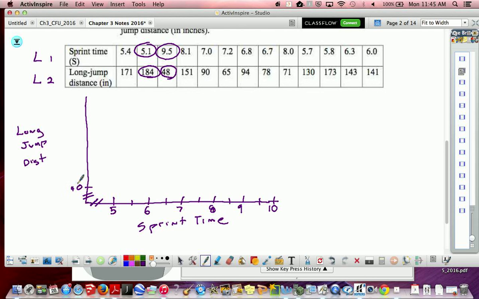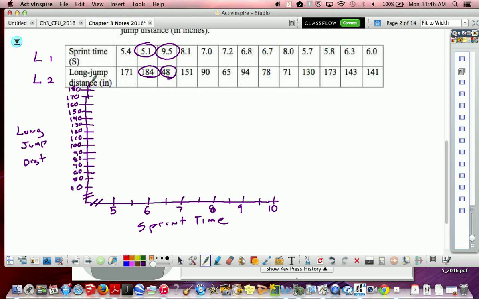I'm going to count by tens: 40, 50, 60, 70, 80, 90, 100, 110, 120, 130, 140, 150, 160, 170, 180, kind of squeezing that. So I'm going to have 1 point be a little bit in my grid here.